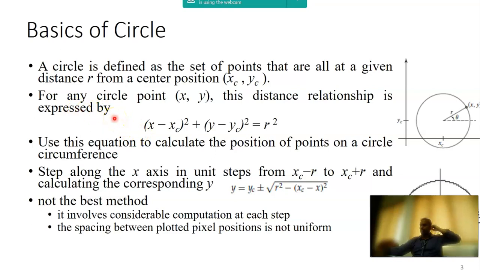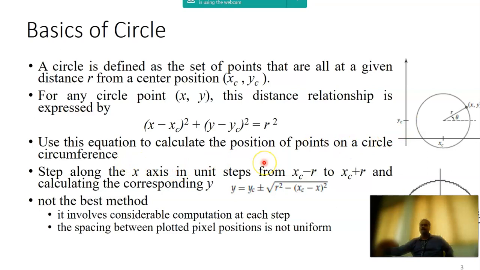For any circle point x, y, the distance relationship is expressed by this formula. The usual formula is x square plus y square equal to r square. But here we choose some coordinate for the center, so it is x minus xc whole square plus y minus yc whole square equal to r square. Use these equations to calculate the position of points on the circle circumference.